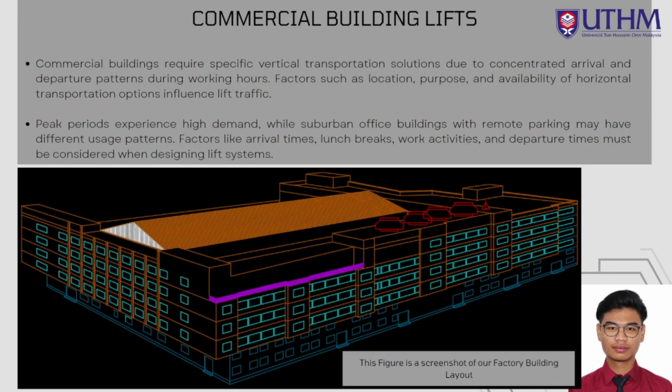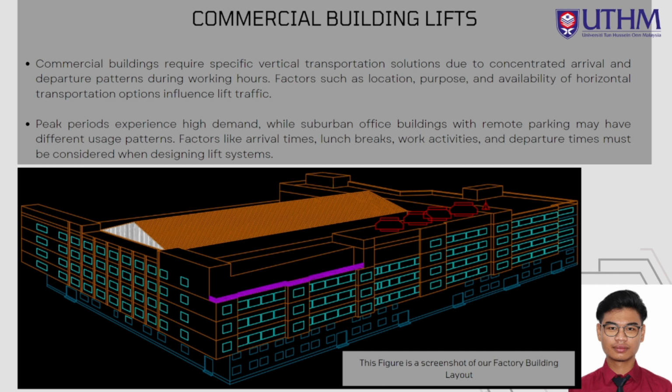Next is the commercial building. Since the choice of our building is the factory building, which falls into the category of commercial building. Commercial buildings require specific vertical transportation solutions due to concentrated arrival and departure patterns during working hours.